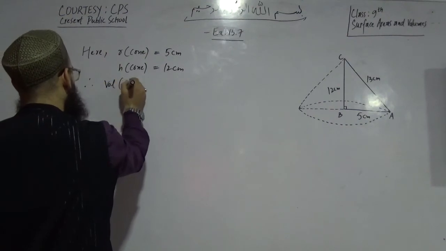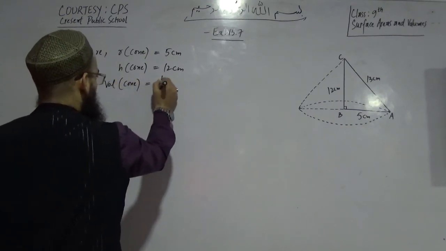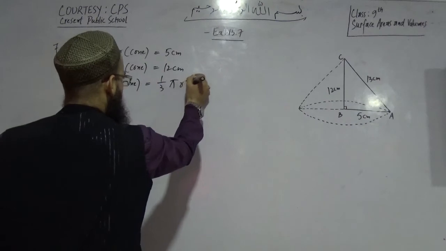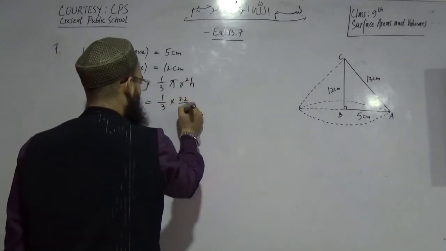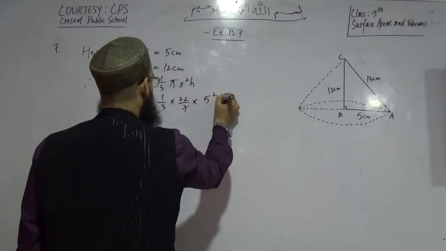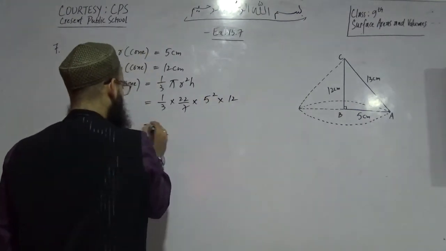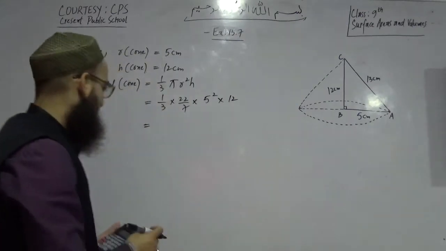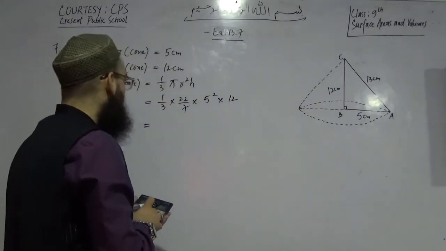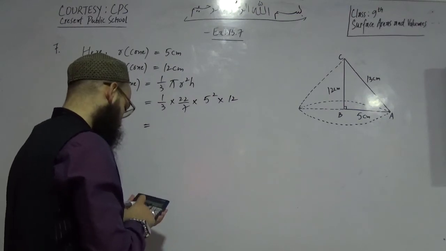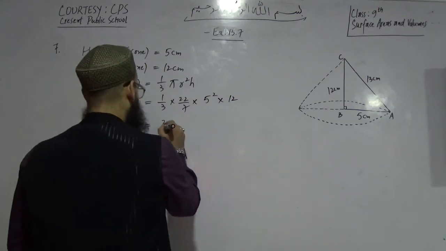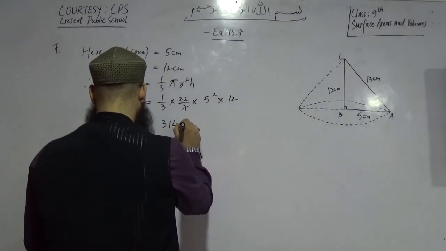Therefore, volume of cone is 1 by 3 pi r square h. 1 by 3 times 22 by 7 times 5 squared times 12. That will give you 22 times 25 times 12 divided by 21. And that will give you 314.28.